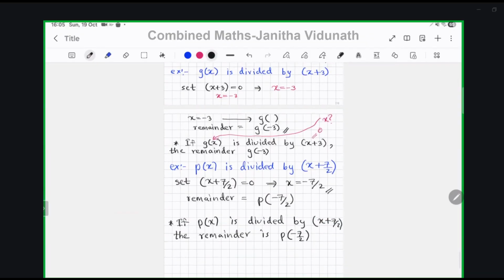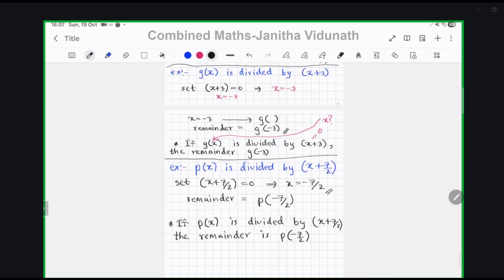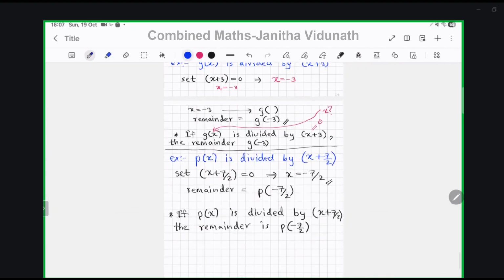First, write down those examples. I will give another 1 minute to write down those things. After writing down those, write this one also.